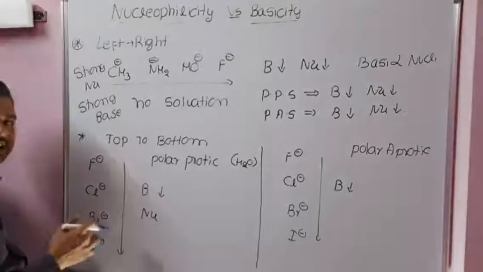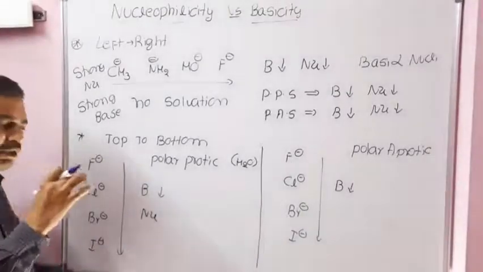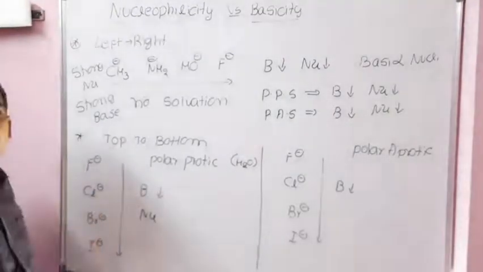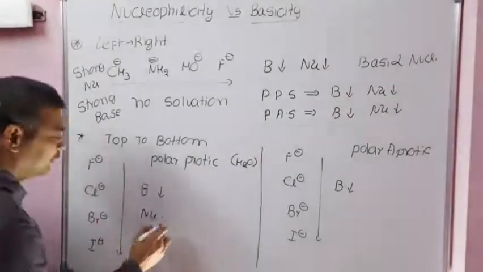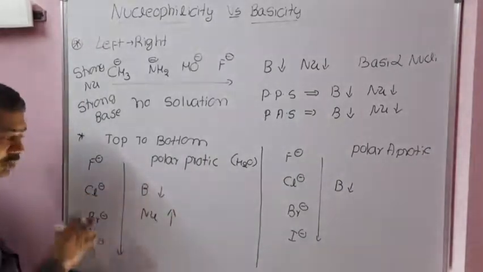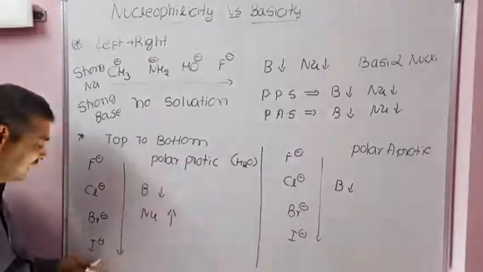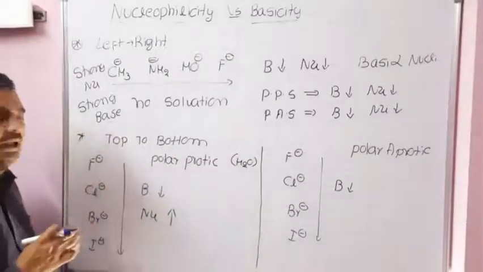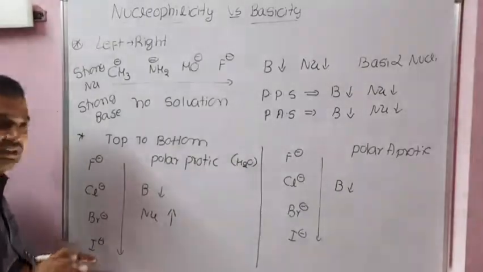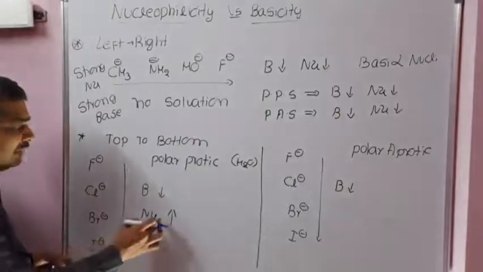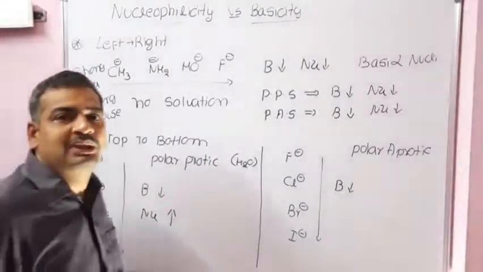Fewer water molecules are formed around iodine, so it readily attacks an electron deficient atom. Less nucleophilic, strong nucleophile: more layers, less preference to attack; fewer layers, readily attack. From top to bottom, nucleophilicity increases.